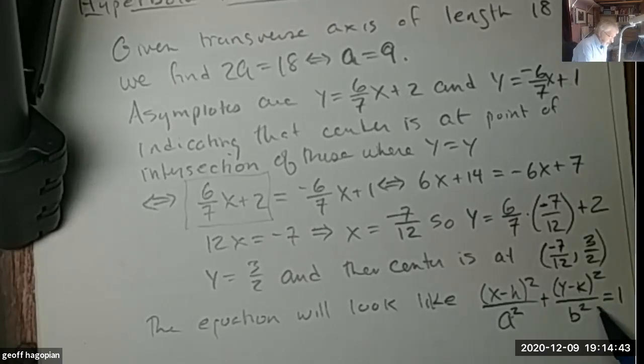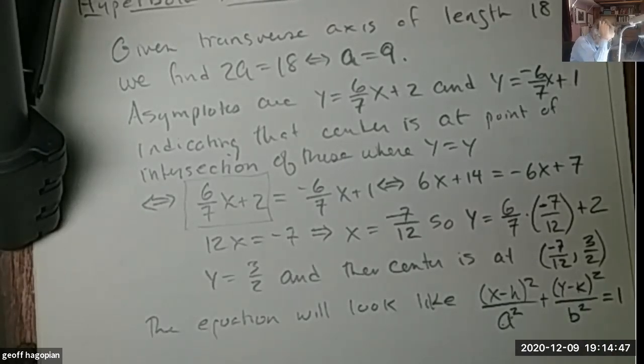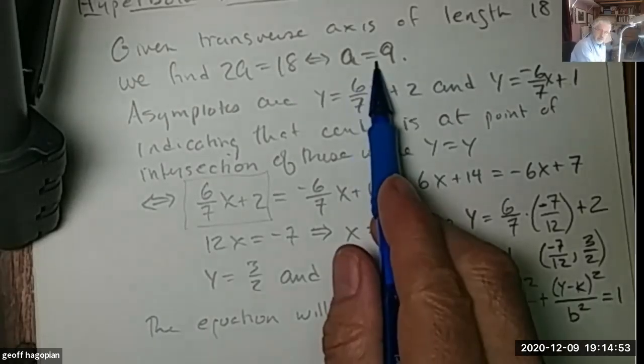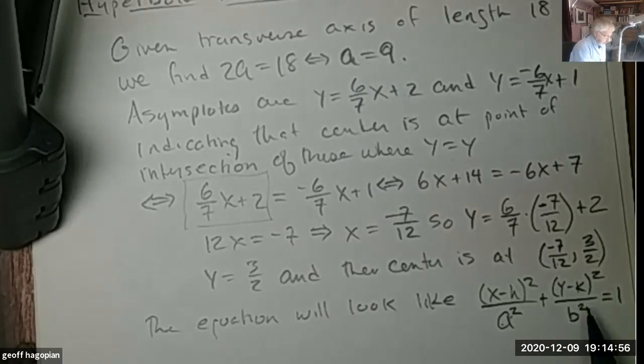We know a, we found a up here was 9, right? We don't know b. Can we find b based on those? Well, we don't know a point on the hyperbola, right? We know where the center is, but that's not a point on the hyperbola. So we'd have to have more information, right, at this stage.